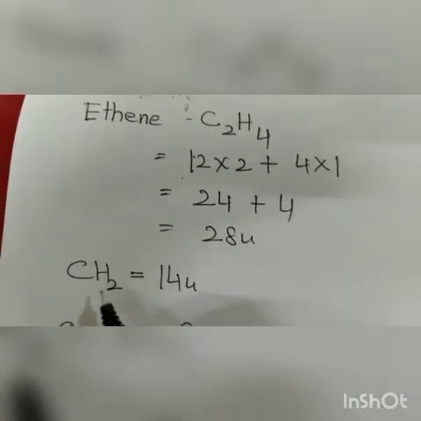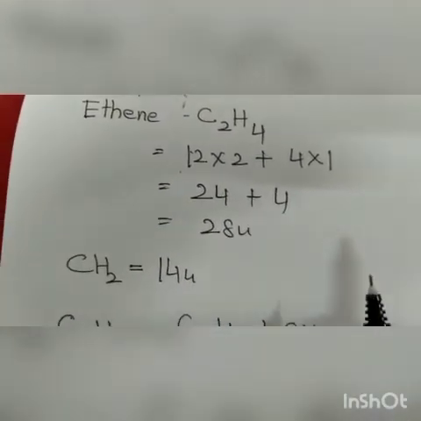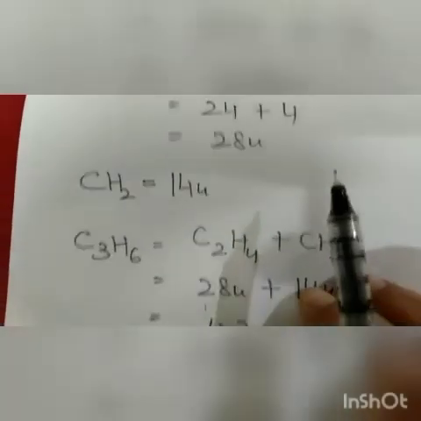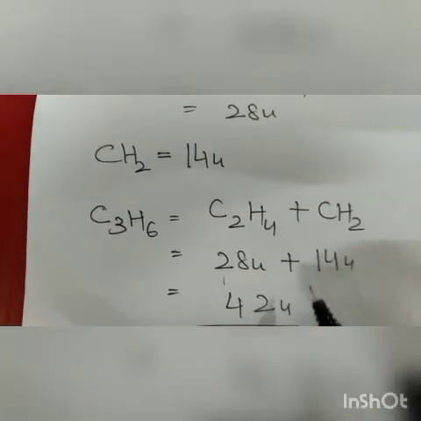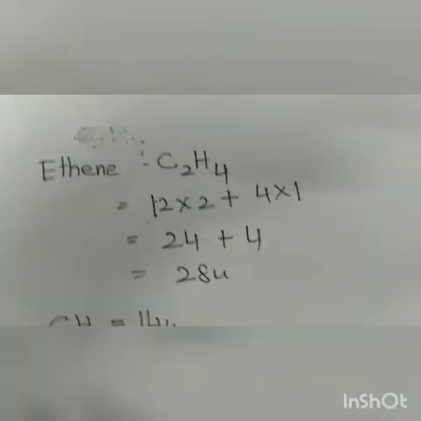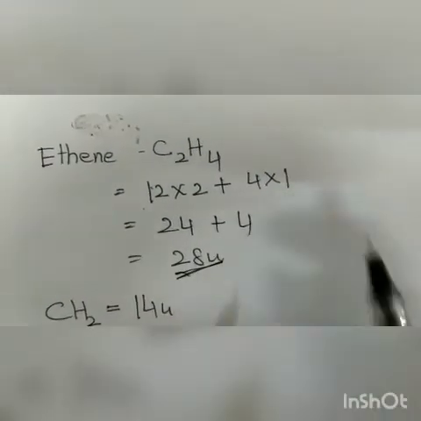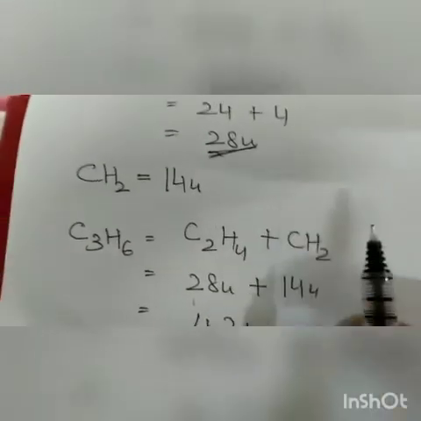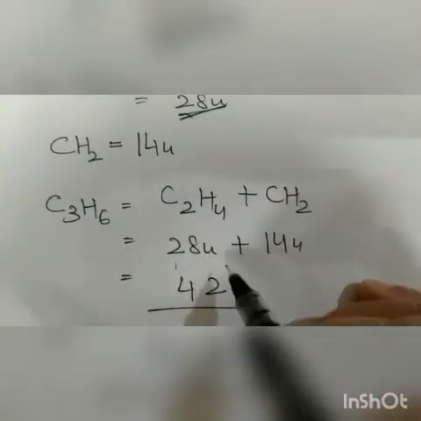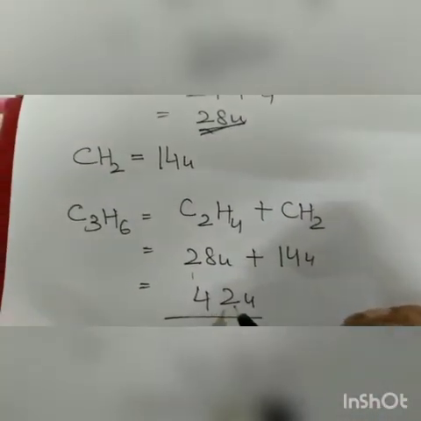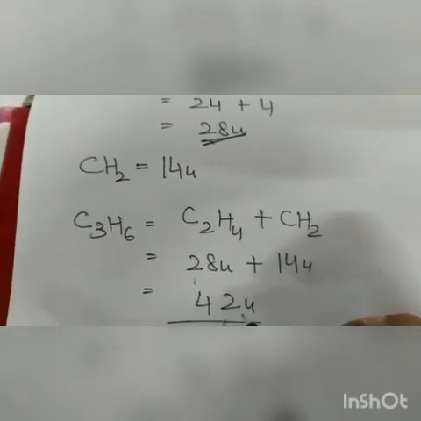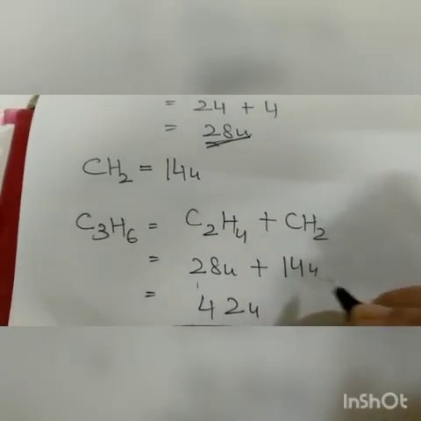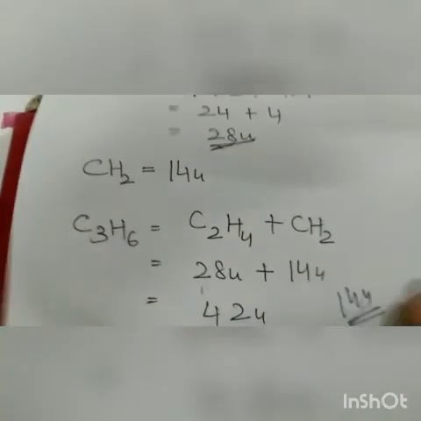The mass of CH2 is 14 units, so the mass of propene will be 42 units. You can also check that the mass of ethene was 28 units and the mass of propene is 42 units. So they differ by 14 units.